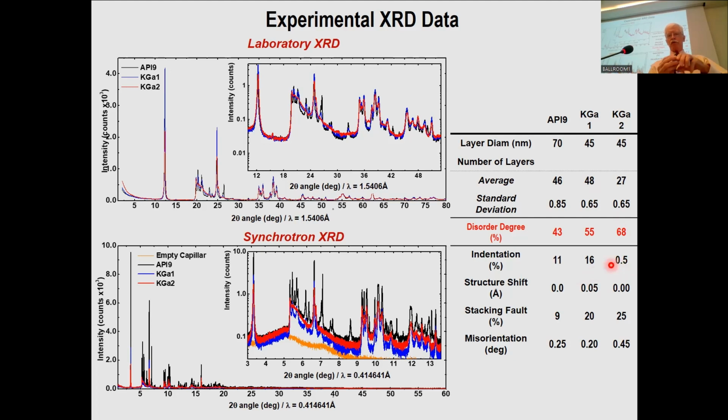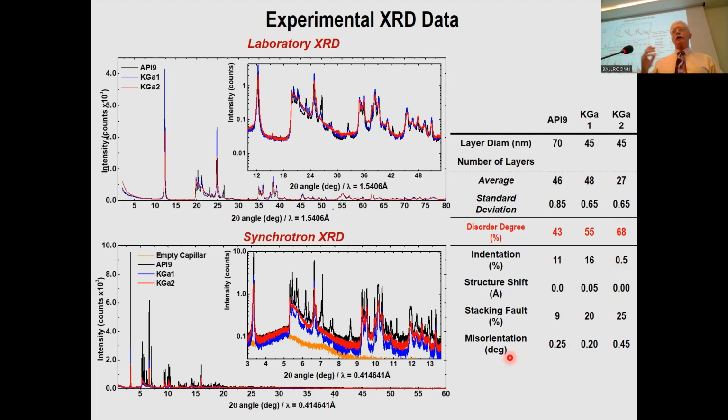Indentation percentages, the structure shifts, stacking faults. So the major type of disorder in these clays was stacking faults, not, for example, indentation. So we were able to really characterize from the different unique spots in the diffraction pattern the types of disorder in these clays.